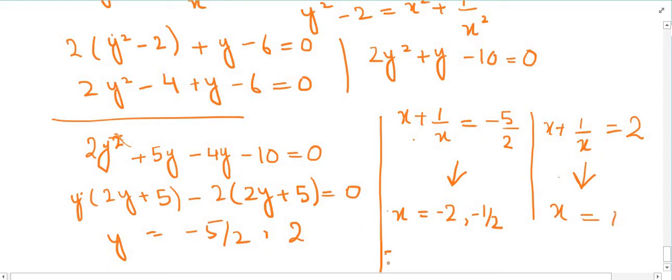So solution set is 1, minus 1 by 2 and minus 2. Clear?